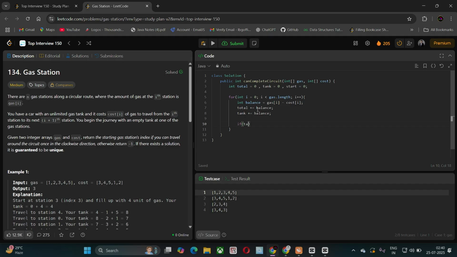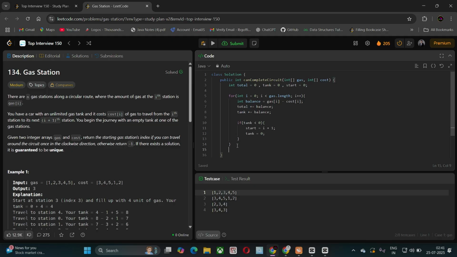Now make a condition. If our tank is less than 0, then start is equal to i plus 1, and tank is equal to 0.